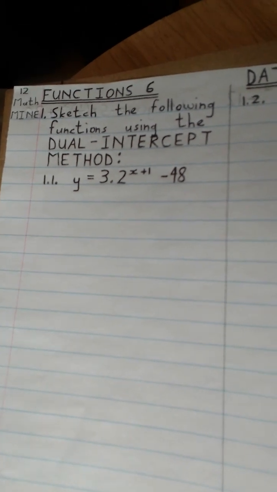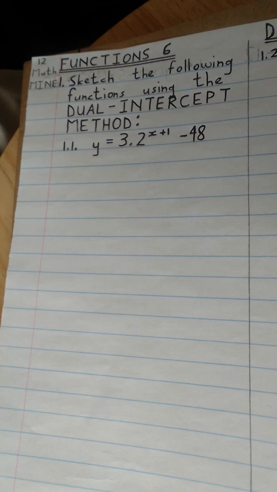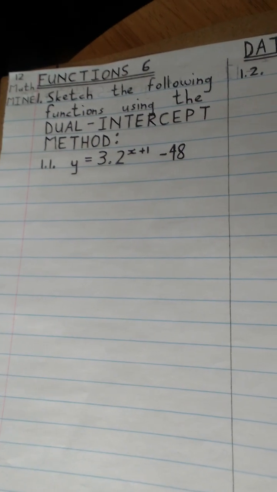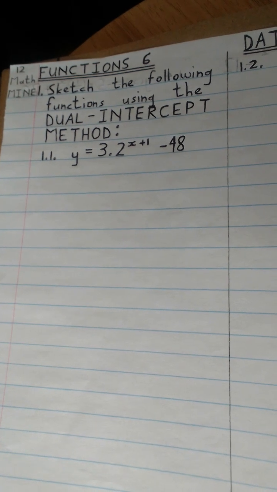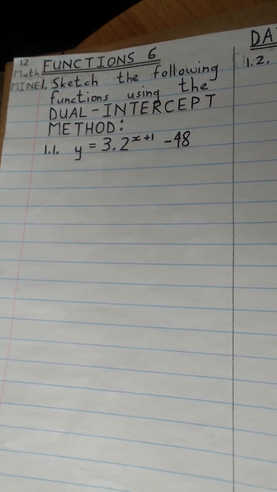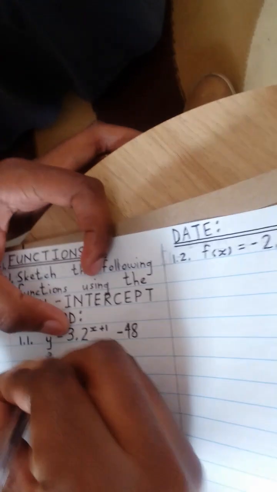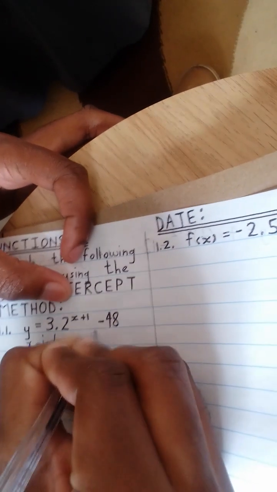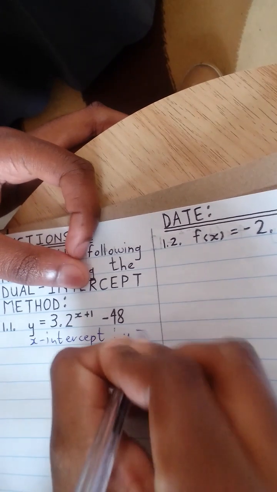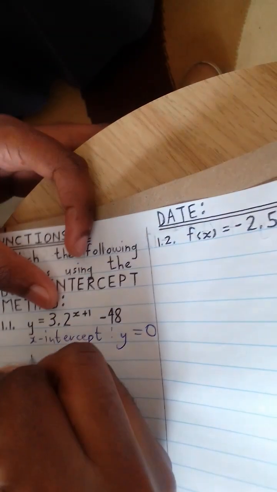Number 1 states, sketch the following functions using the dual intercept method. Number 1.1, y is equal to 3 times 2 to the power of x plus 1, minus 48. For the x-intercept, y is 0.